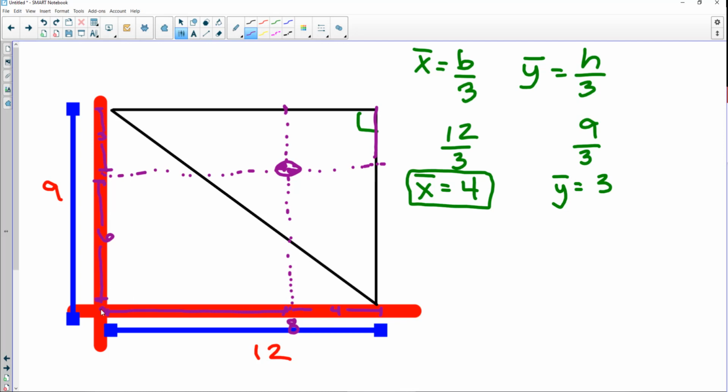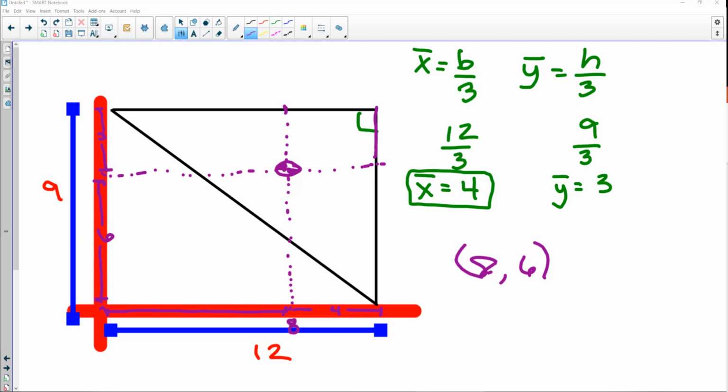If I start at 0, 0, I go over 8, and then I go up 6. So that's my answer. If I were asking you for the x location of this centroid, you would tell me 8. For the y coordinate, you would tell me 6. For the x and y coordinates, you would tell me 8 and 6. Okay, great. All right, let's move on here.